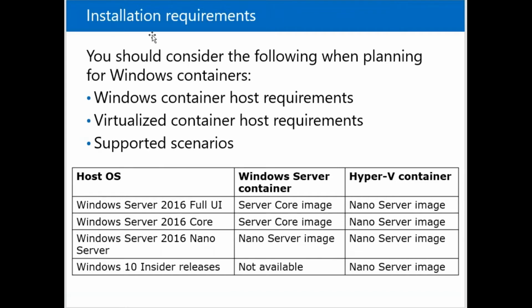Now, installation options. We should consider the following when planning for Windows containers: Windows container host requirements, virtualized container host requirements, and supported scenarios. We have a host operating system, Windows Server containers, and Hyper-V containers. For the host operating system, we need Windows Server.